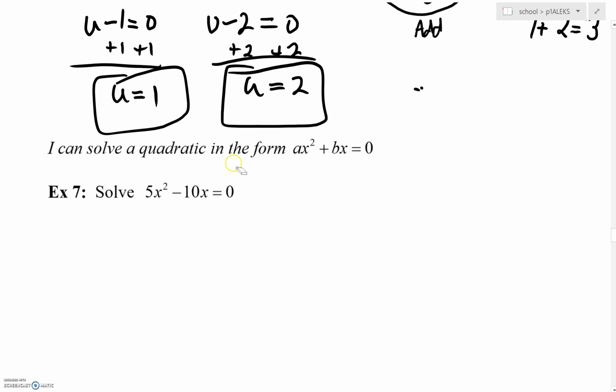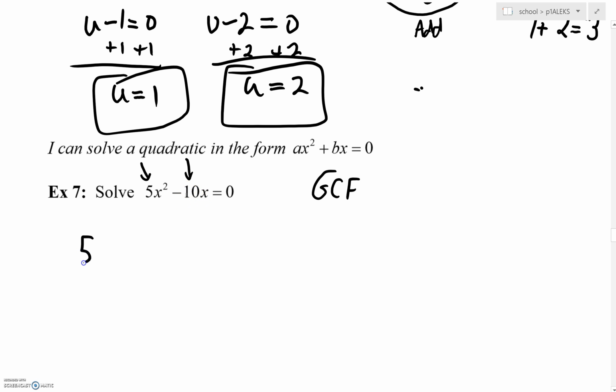So when it comes to factoring, what we're going to try to do is always factor out the GCF, the greatest common factor, the biggest number that divides into all of these terms without a remainder. Here's a hint. The lead coefficient is 5. Try to see if you can divide everything by 5.